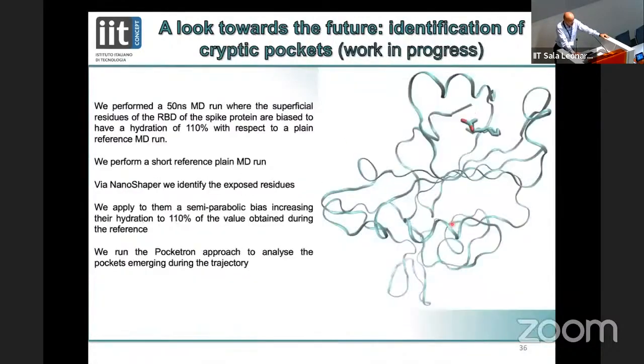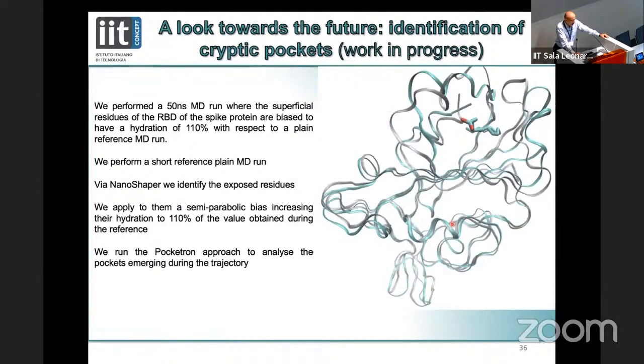So we wanted to see whether we would have been able to find the very same pocket without the fatty acid, just by artificially increasing the hydrophilicity of the surface of the RBD.